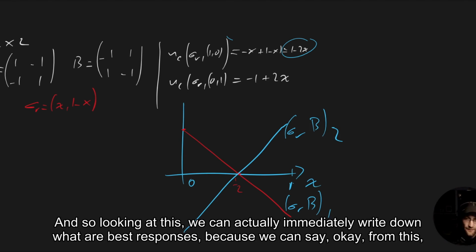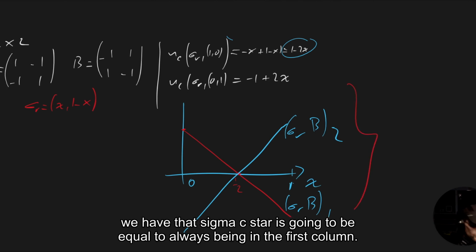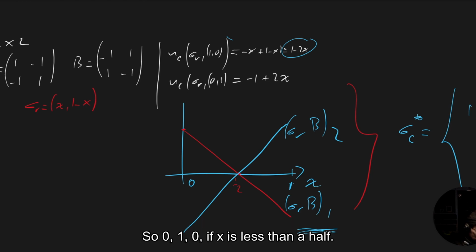And so looking at this, we can actually immediately write down what our best response is, because we can say, okay, from this, we have that sigma C star is going to be equal to always being in the first column, so (1, 0), if x is less than a half.